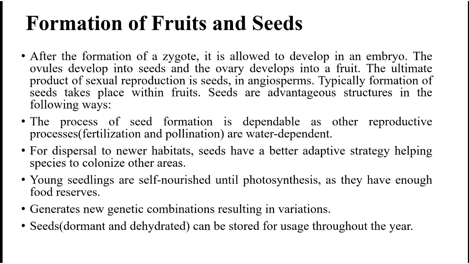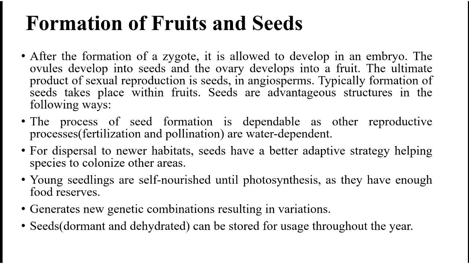The process of seed formation is dependable, as other reproductive processes are water dependent. So for dispersal to newer habitats, seeds have a better adaptive strategy, helping the species to colonize other areas. For seed dispersal, they depend on air and water. Young seedlings are self-nourished until photosynthesis, as they have enough food reserve, and sexual reproduction generates new genetic recombination resulting in variations.